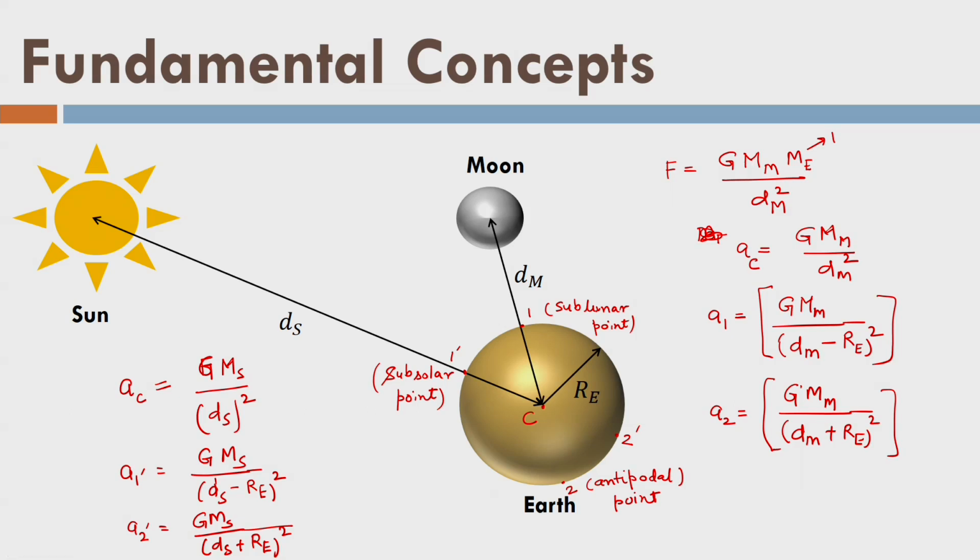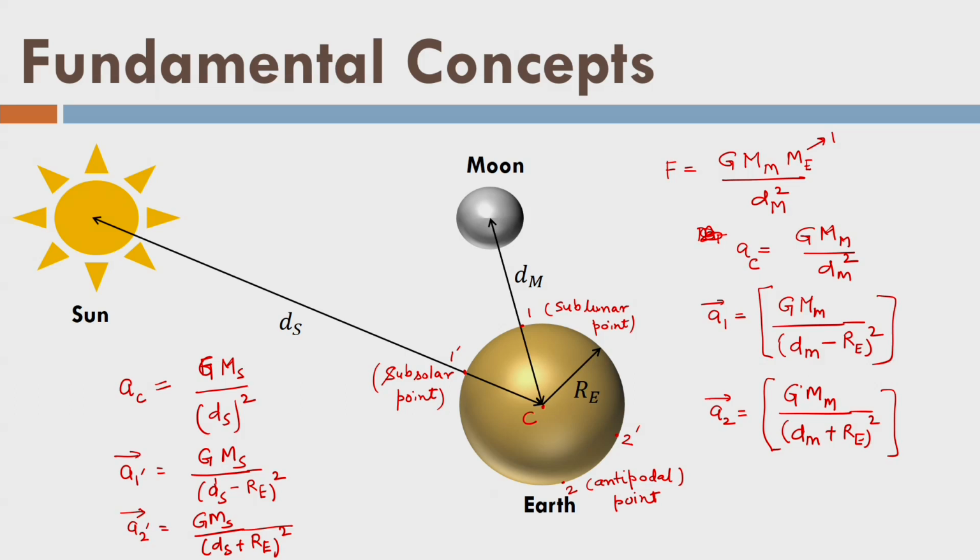Okay, so we know that these are the acceleration values A1, A2, and they are vectors also, fine, and they are basically working on different points on the surface of the Earth. Okay, now what is the problem here, or what is the conclusion here?